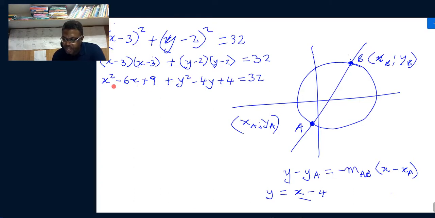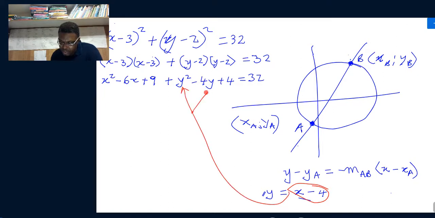And what are you going to do here? You'll group the like terms together, right? So first you need to take this and substitute. Let me show you. You're going to take this and put it here and put it there.